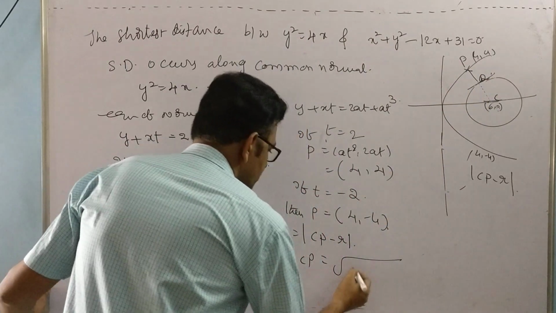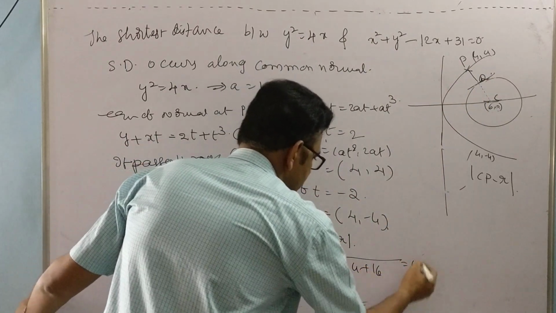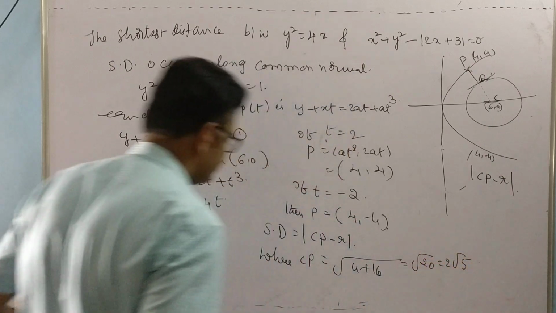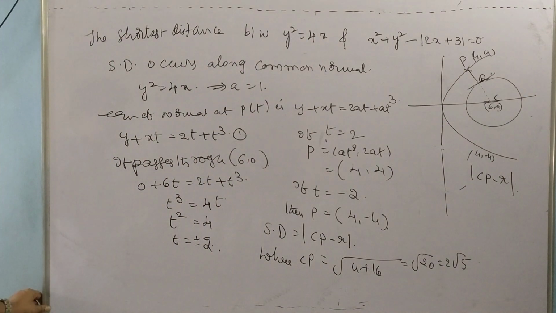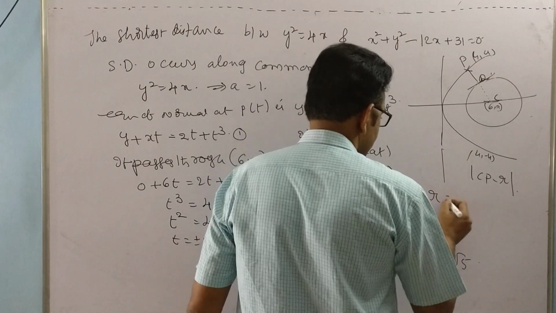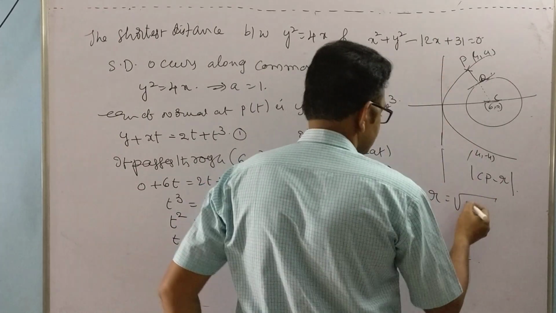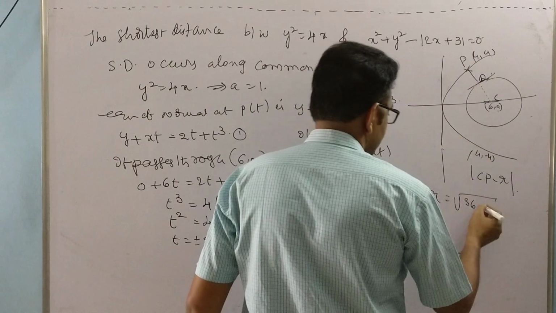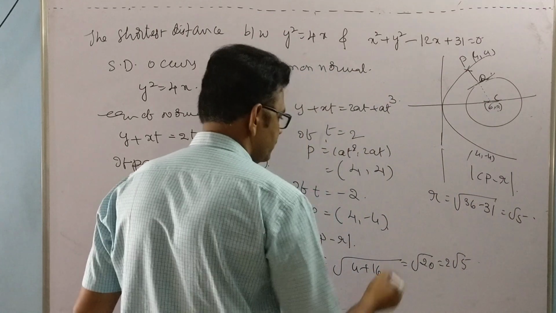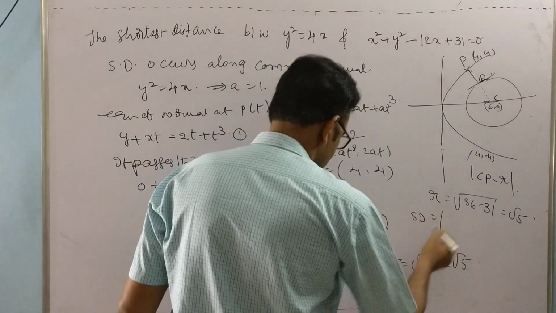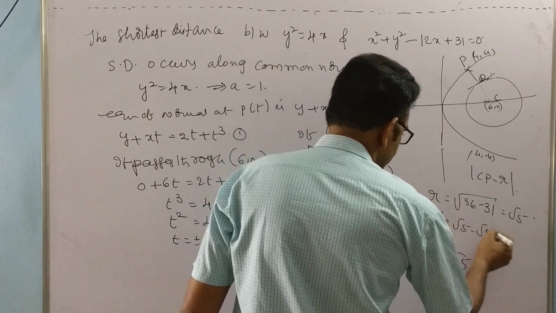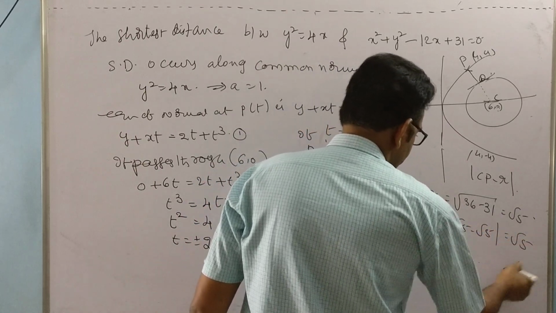That is root of 4 plus 16, root 20, that is 2 root 5. And the radius equals root of g square plus f square minus c, 36 minus 31, that is root 5. Therefore the shortest distance equals mod of CP minus R, that is 2 root 5 minus root 5, which equals root 5.